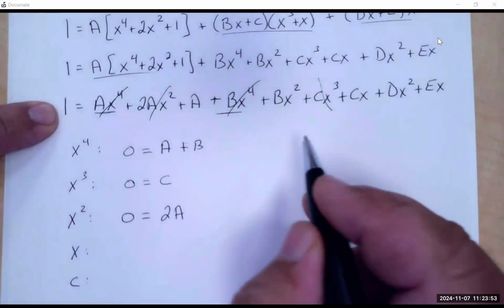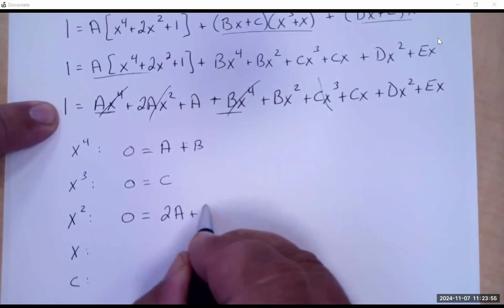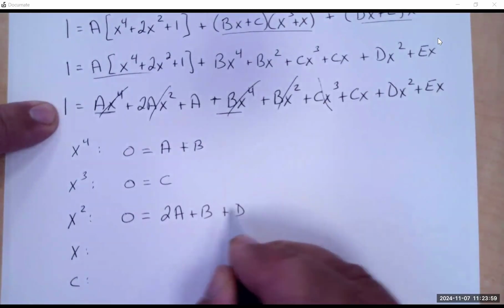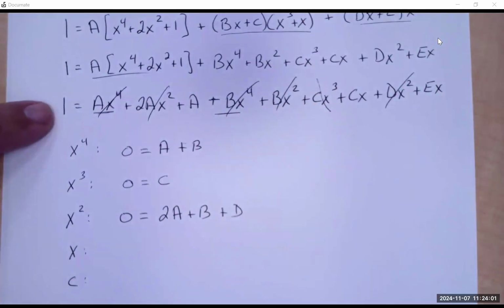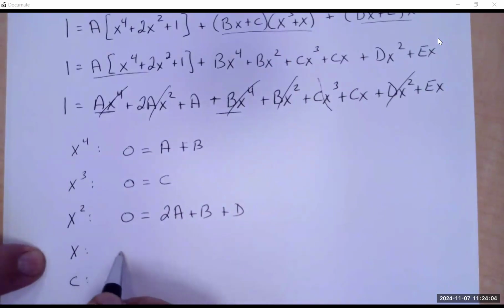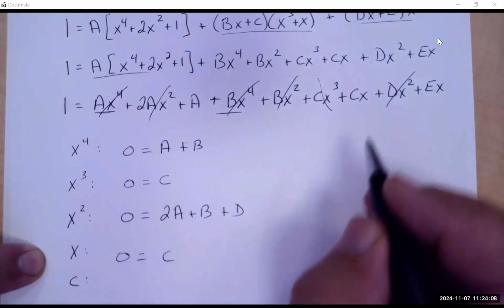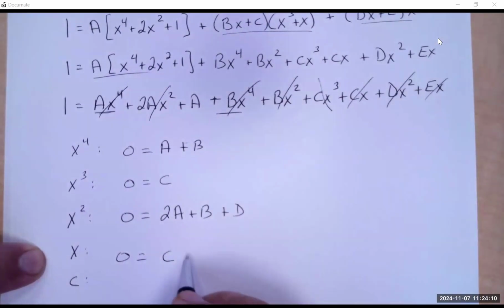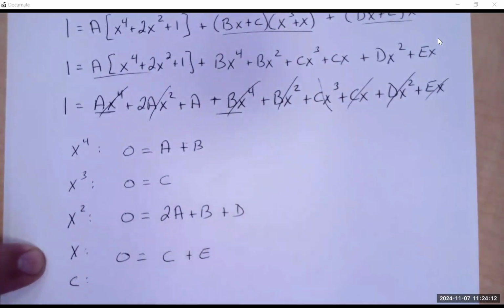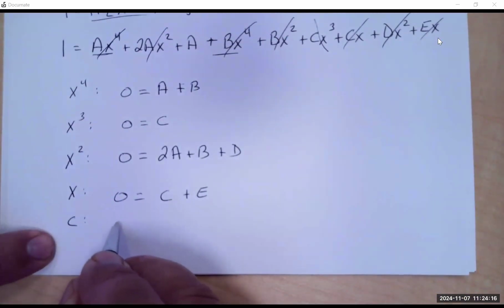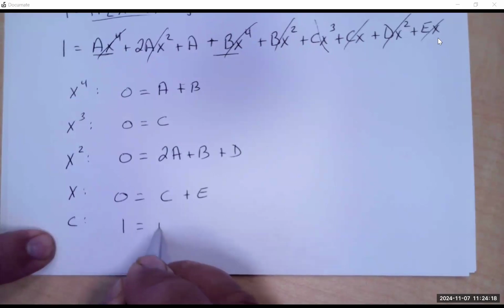So we have 2a plus B plus D. X's, we still have 0, which means we have C and E. And then for the constant, 1 is equal to A.